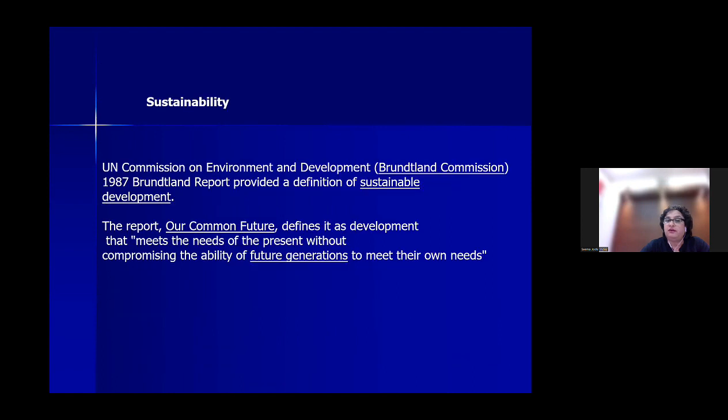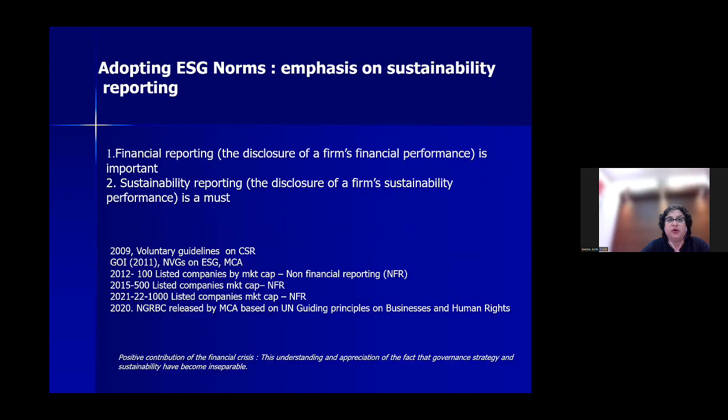And all of you are aware of this 2030 agenda of the United Nations, wherein 17 sustainable development goals have been set up. And it is very, very important that corporate entities the world over must adopt these 3 norms, which are termed as environment, social, and governance norms.